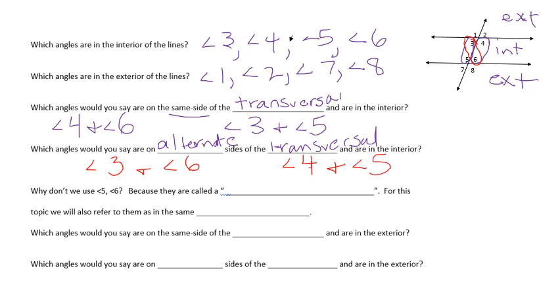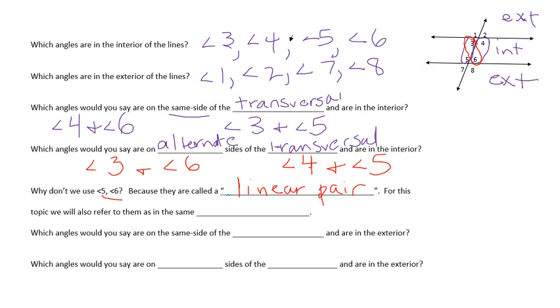How come do you think we don't use 5 and 6? They're both in the interior, and one is on the left and one is on the right. Why don't we call those alternate interior angles? Because they already have a name. Those are, from the last unit, a linear pair.